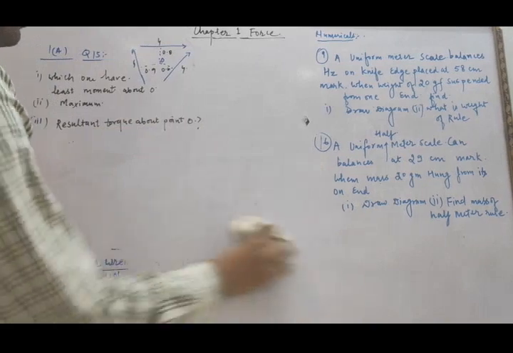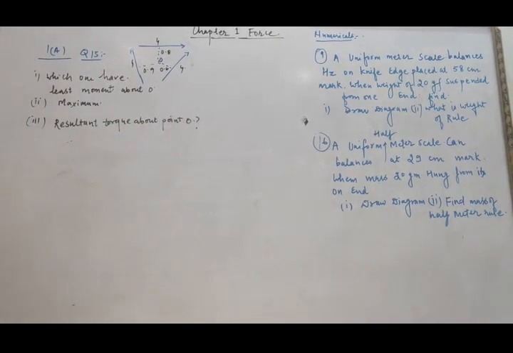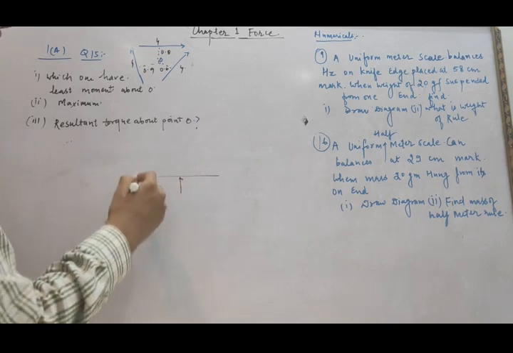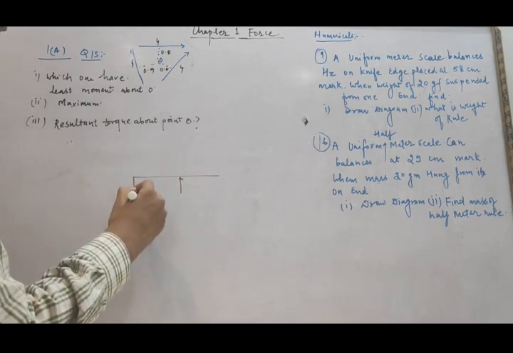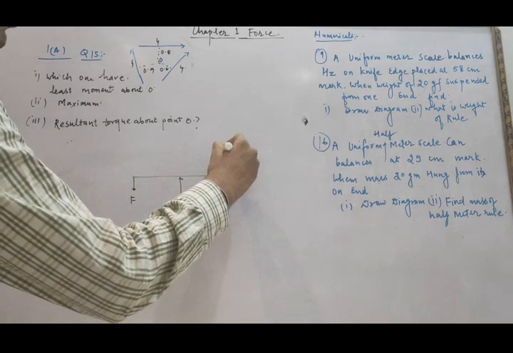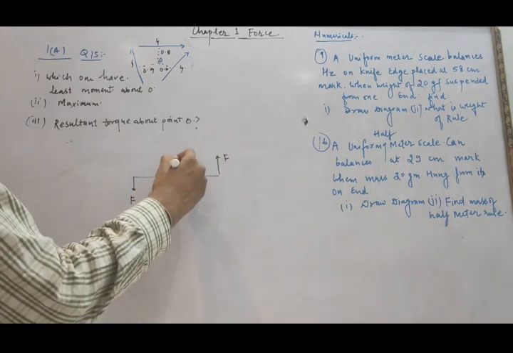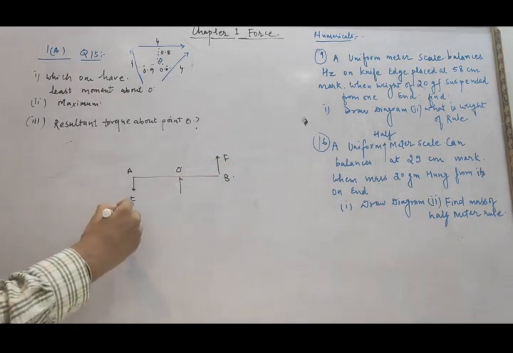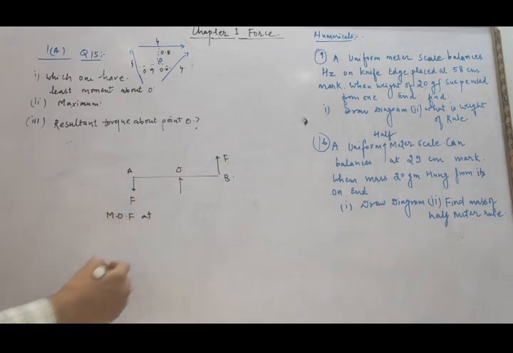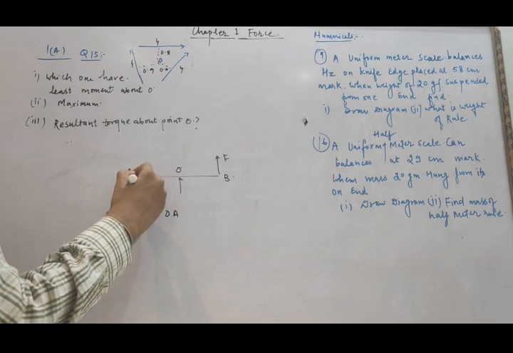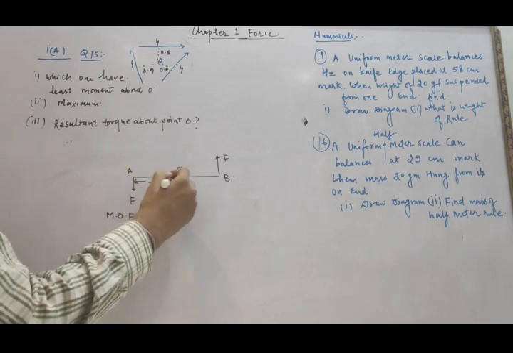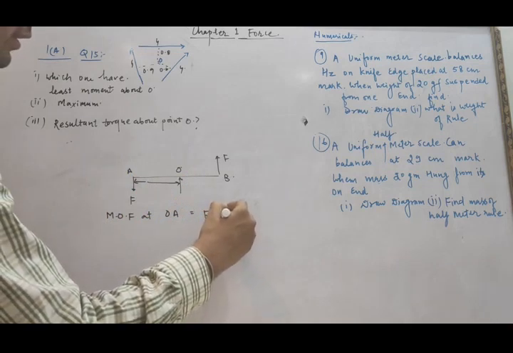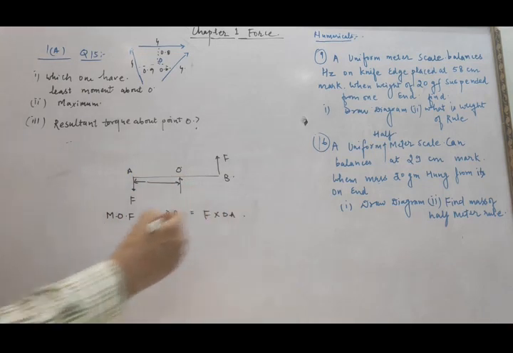One more thing we need to study in this topic: what do we mean by the moment of a couple? Suppose this is the center point O, and this is the force F acting at A and this is the force F acting at B. The moment of force at A is equal to force into distance OA.